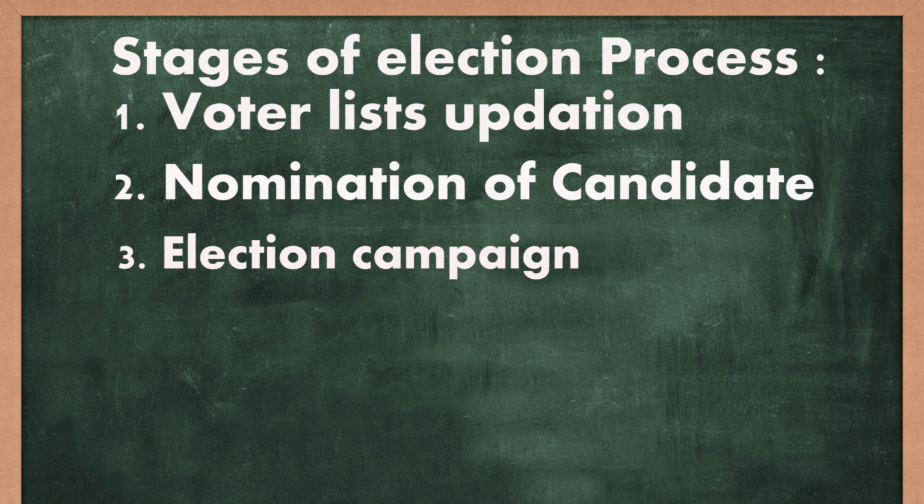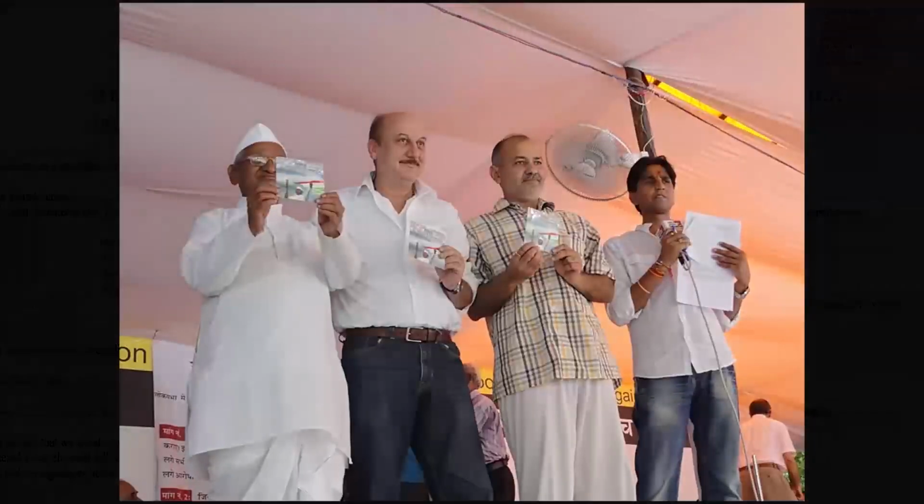Number 3. Election campaign. In this stage of the election process, the candidates organize mass rallies, contact their voters, and address election meetings. All the candidates and their political parties canvass for votes. They do the campaign by raising matters of public issues, government policies, and give slogans.